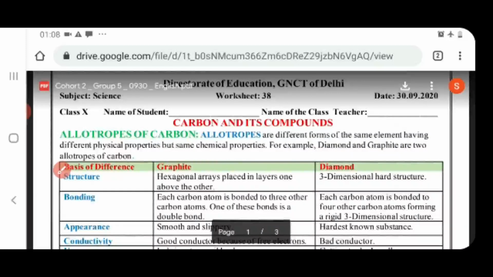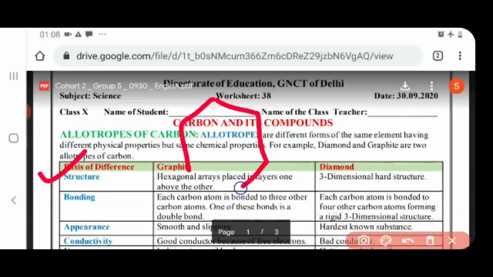Now, let's come to the difference between graphite and diamond. The first difference is on the basis of structure. The structure of graphite and diamond are very different. In graphite, hexagonal arrays are placed in layers one above the other. So, hexagon, just remember the structure of hexagon.